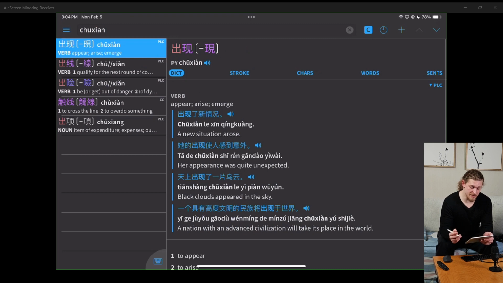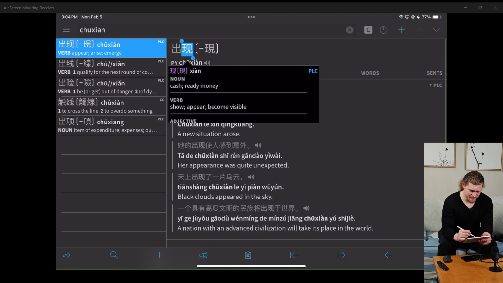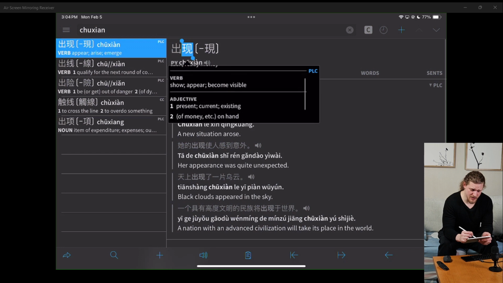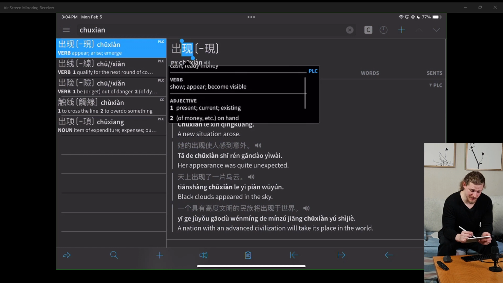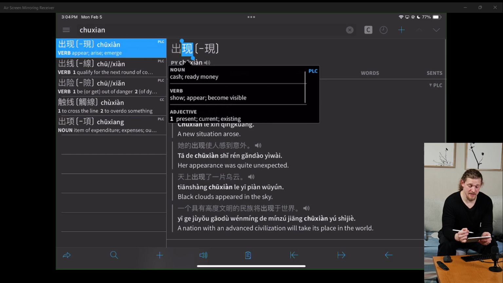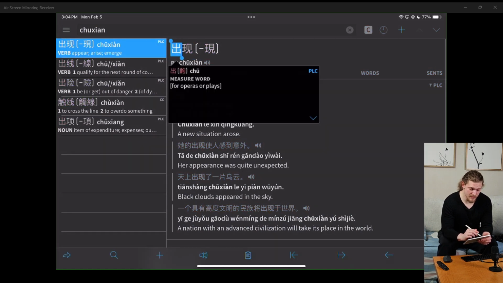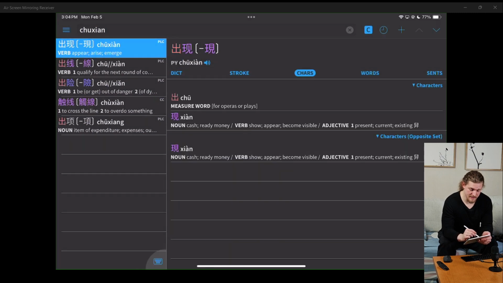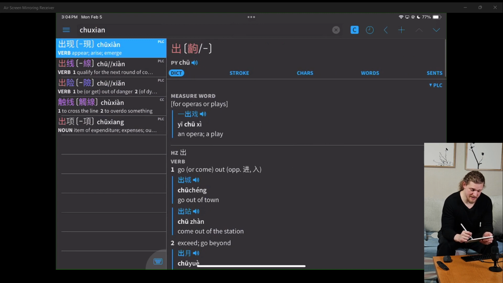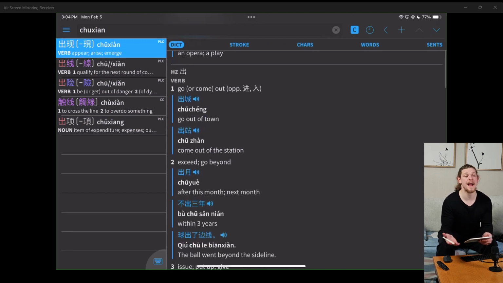So 出现 means to appear, arise, or emerge. So I want to check this. So 现 can mean cash or ready money, show, appear, or become visible. As a verb, it means to appear or become visible. And then the chu, if we check out chu, wow, okay, it's being used here as a measure word for operas or plays, or it means to go or come out.